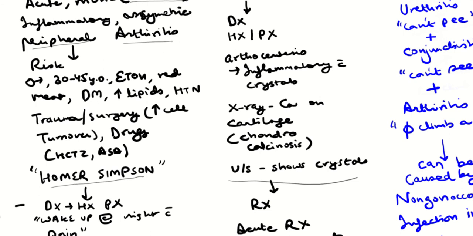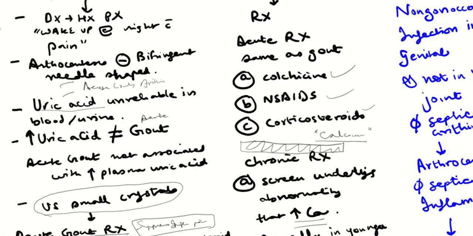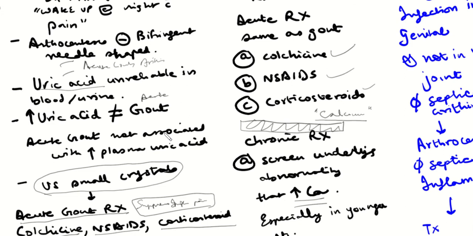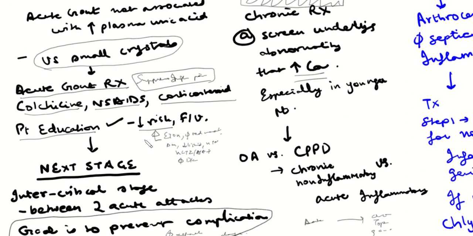Acutely, how do we treat them once we diagnose it? Same way, colchicine, NSAIDs, corticosteroids if needed. And then once that's done, uric acid or gout, got to get them back in, because if we don't manage their uric acid, they progress to chronic tophaceous gout, which can cause joint deformity and cause renal function issues.